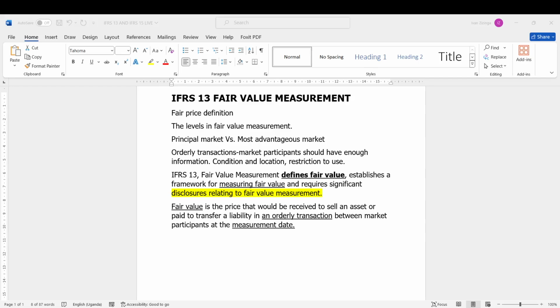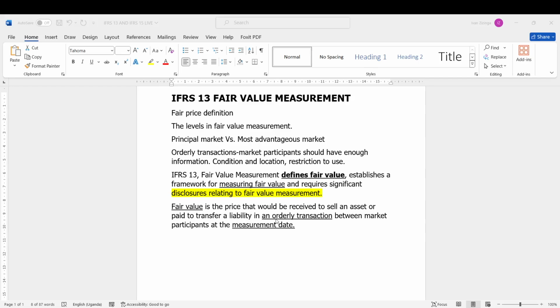But those respective standards provide the guidance on how to measure the fair value of those assets, right? True. Meaning that IFRS 13 does not apply on all those standards I've told you. You never talk about using IFRS 13 to determine the net realizable value of inventory. Are you getting me, Ivan? Yes, I'm getting you. That would be very wrong.